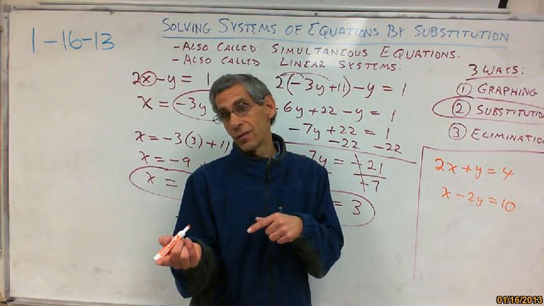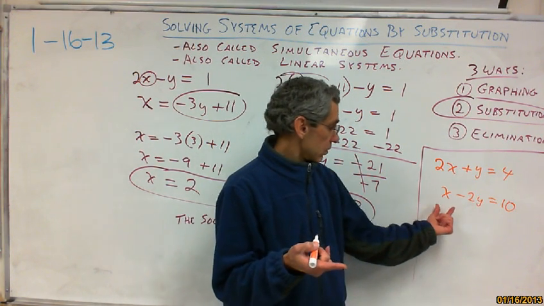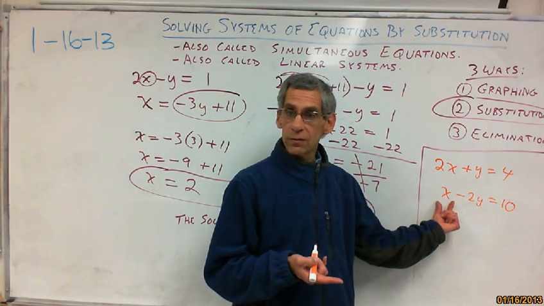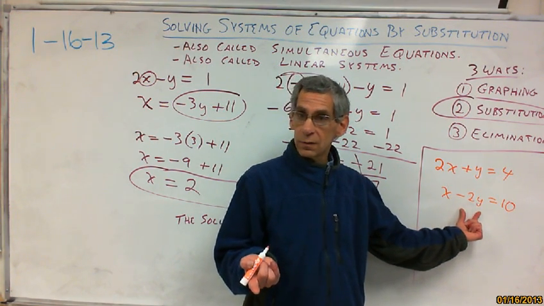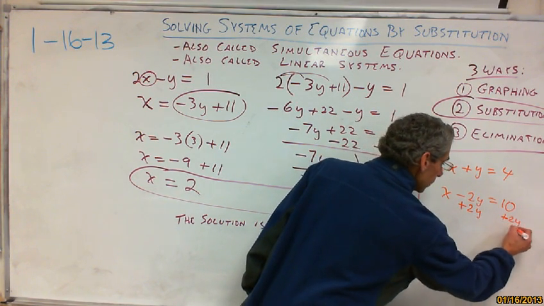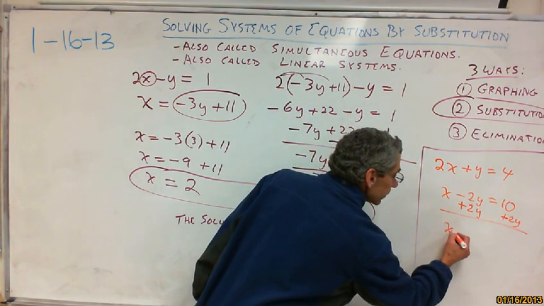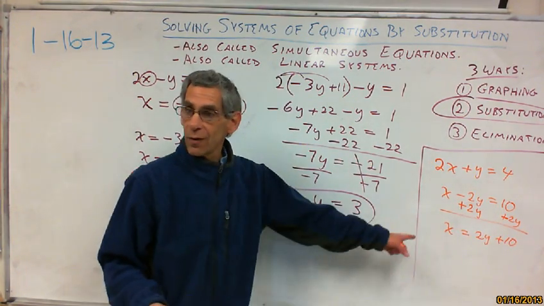Because that would be negative x. I want it to say x. Right? So what's in the way of x being all by itself? This, right? Let's just add 2y to both sides. So if I added 2y to both sides, then I would have x is equal to 2y plus 10. And now I have it.